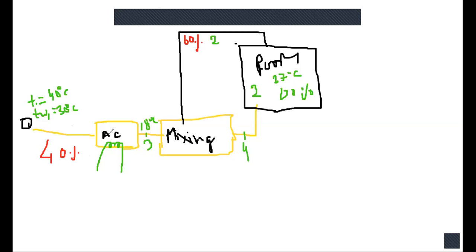The 40% air is first conditioned, then mixes with the 60% of recirculated air. Okay, all our points have been written here.